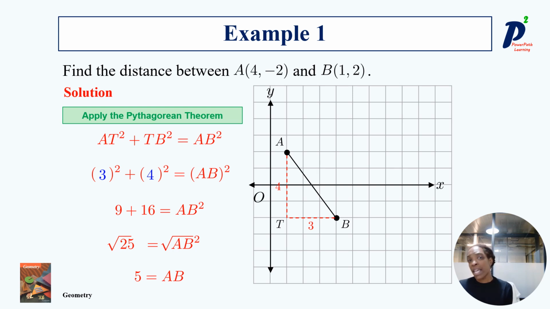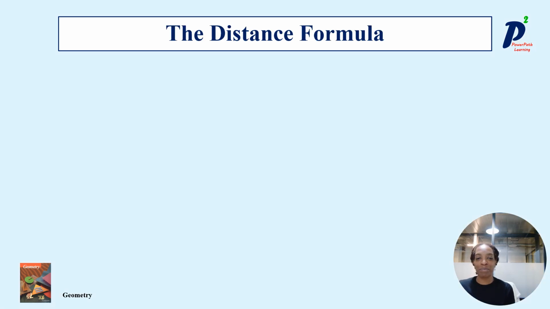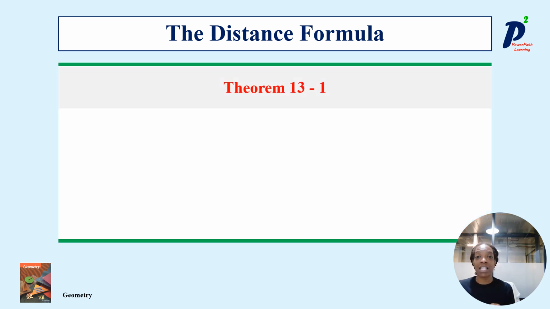So we can find the distance between 2 points using the Pythagorean theorem, but we can also use a general formula. If you're looking for the proof, it's going to be featured in our Not How But Why series. I'll put a link to that below, but let's just move on to the formula. The formula can be generalized as follows.